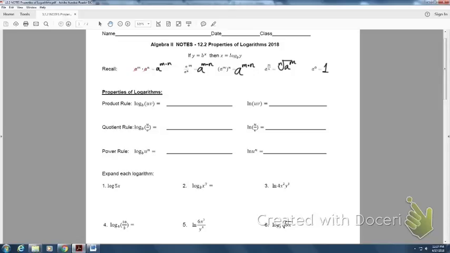This is what I call expanding, because you've got one log and you're going to expand this to numerous logs. So that is going to make this log base b of u plus log base b of v. I get the u from here, I get the v from there.